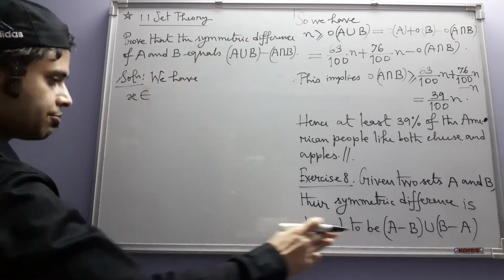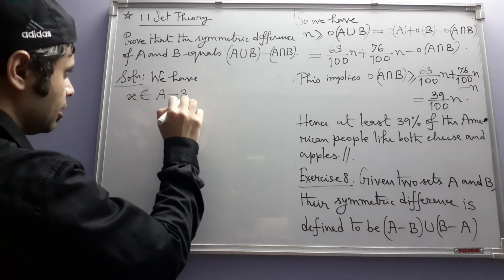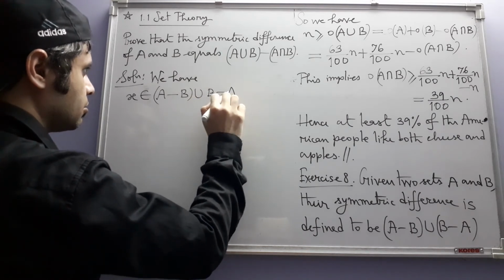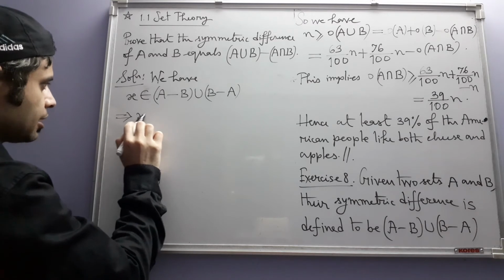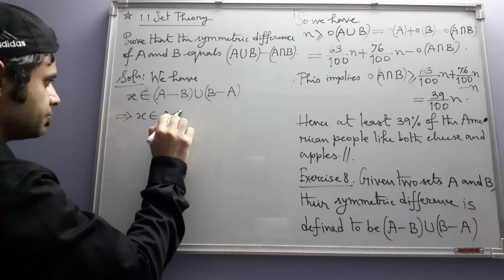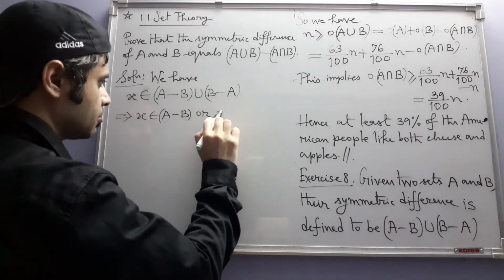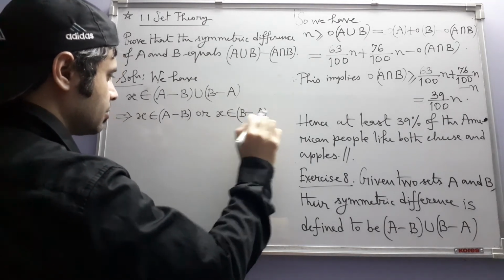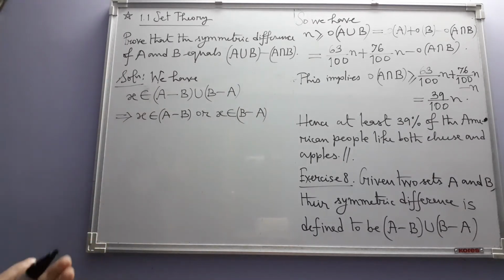We start off with this set, the symmetric difference A minus B union B minus A. This implies X belongs to A minus B or X belongs to B minus A. Let me again repeat that OR is inclusive OR.